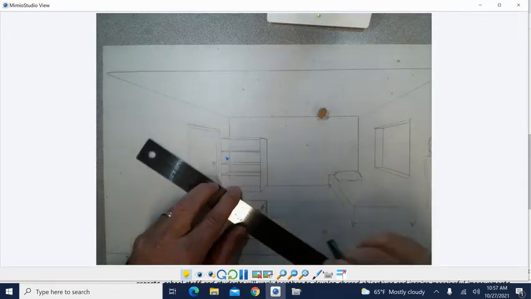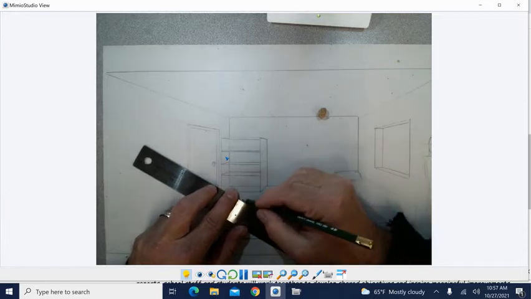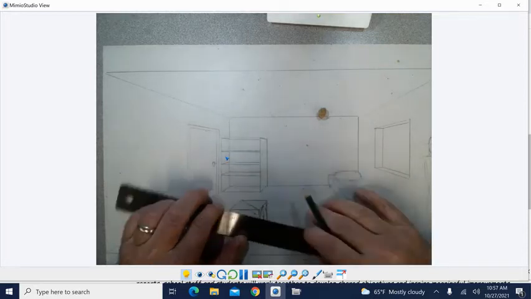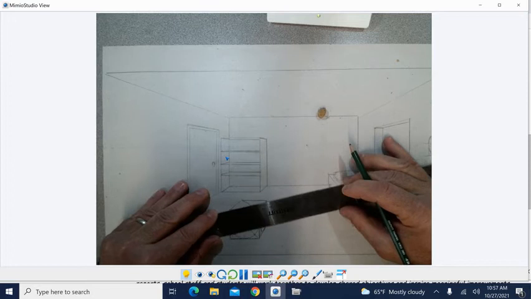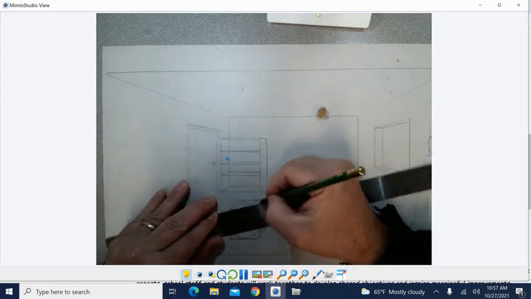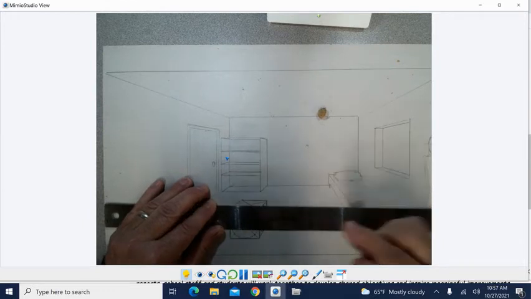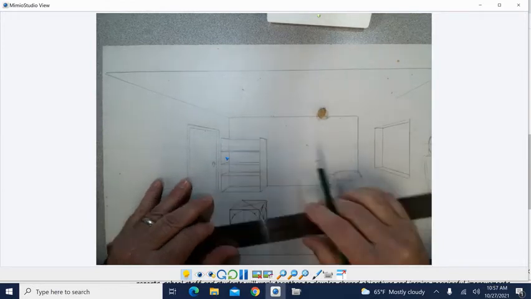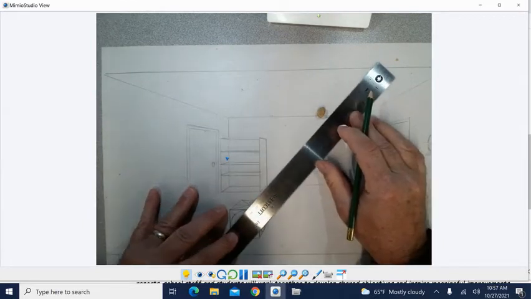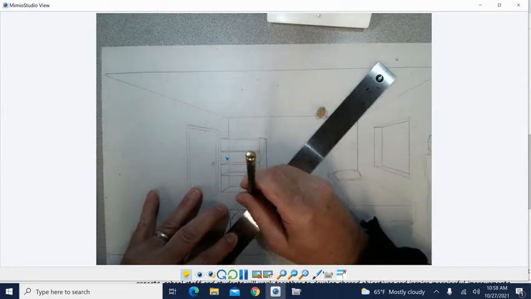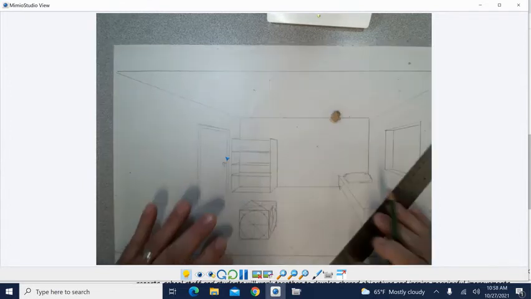To make a circle on top of the box, you follow the same process. Corner to corner. Horizontal line now going through the center, and then dividing that toward the vanishing point, dividing it from right to left.